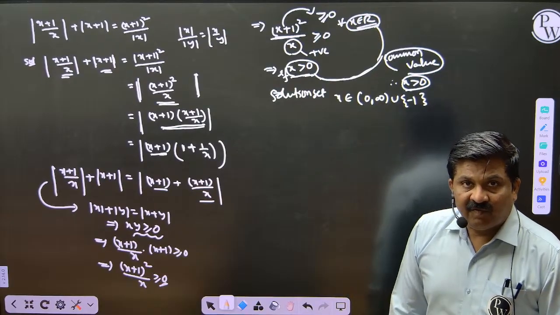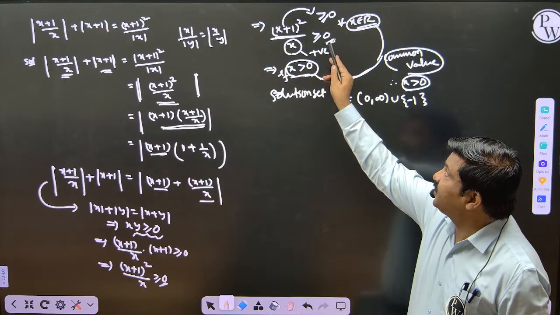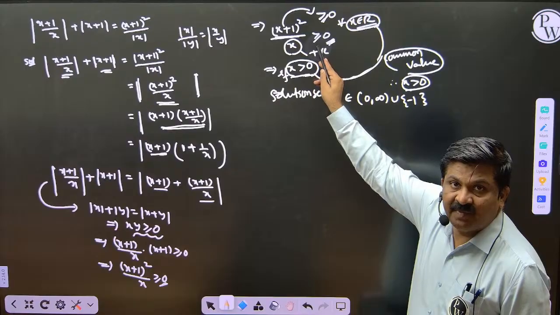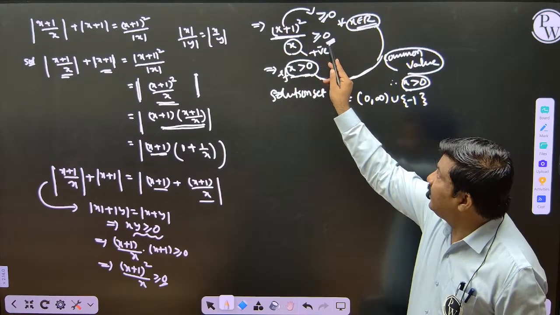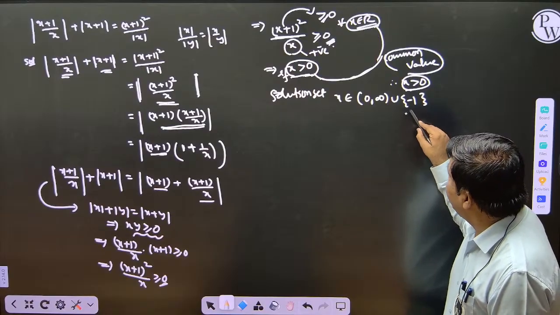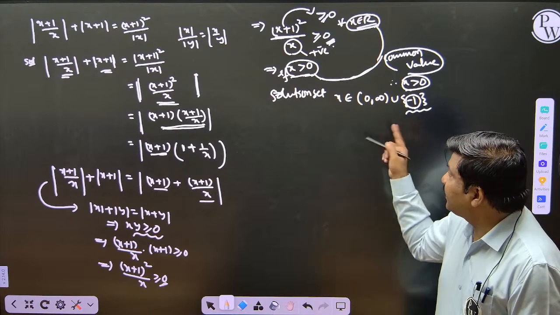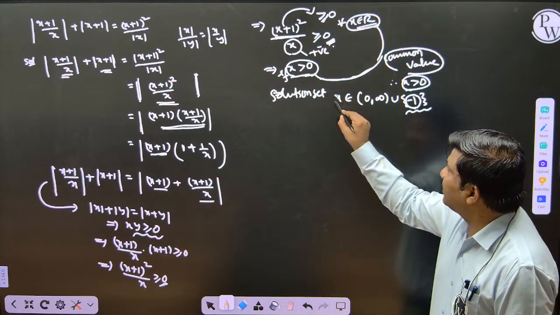Why? For us, the inequality should be positive and the inequality should be 0, or not? When the inequality is 0, it is the minus 1 value. That's why I added minus 1 here.